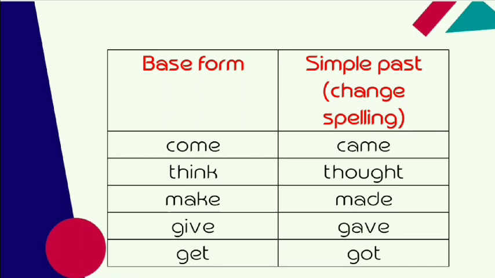The o became a. Now, think is to thought. Make is to made. Give will be gave. Get is to got. So there, we change the spelling when we make it a simple past tense.